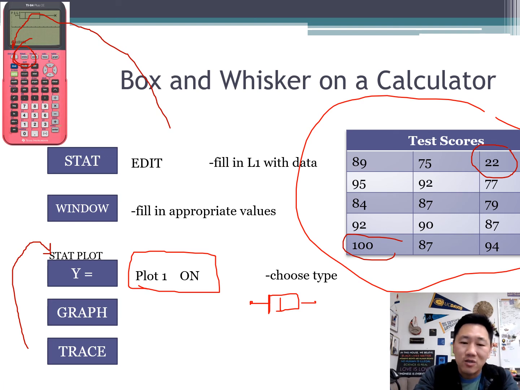When you click on trace, there's a blinker that goes on the calculator, and if you scroll around the picture, you can see all the parts of the box and whisker. So that's another way of finding the median, the lowest number, the largest number, the lower quartile, and the upper quartile.